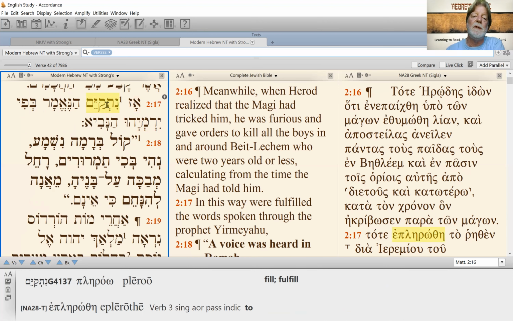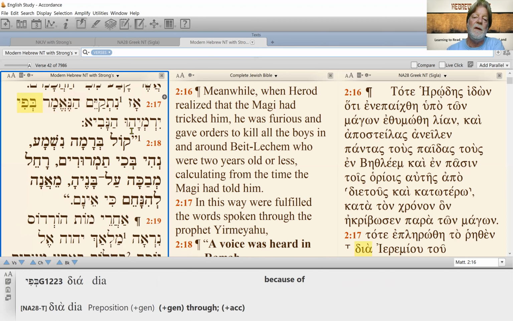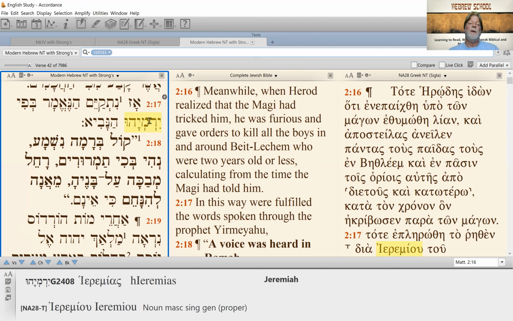Then nitkayem, fulfilled. Ha-ne'emar, the thing that was spoken, befi Yirmiyahu. Yirmiyahu is the prophet, and something he had spoken, befi, in his mouth, Yirmiyahu hanavi, Jeremiah the prophet.